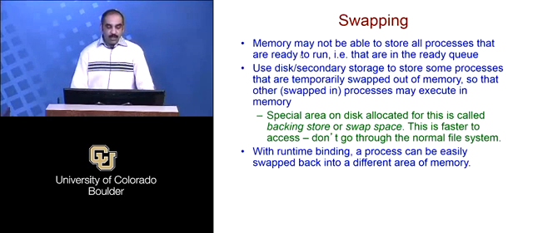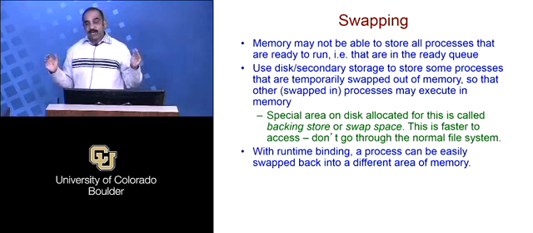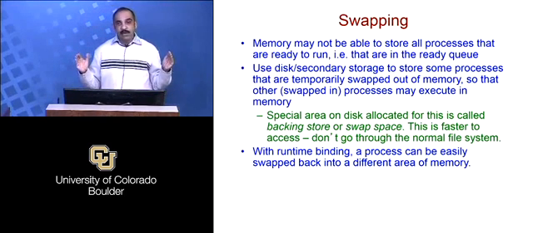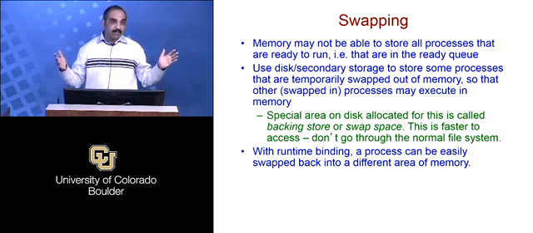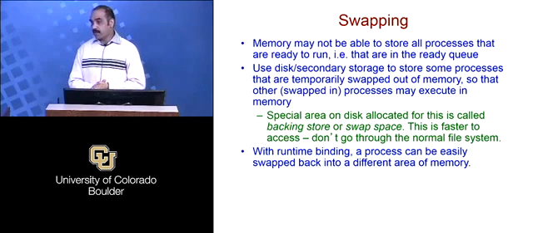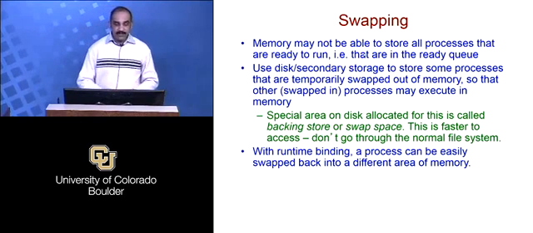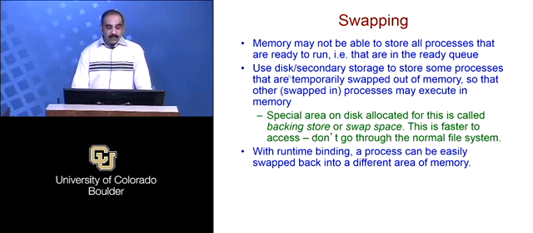Swapping is a situation where you may be running, say, hundreds of different programs at any point in time, and your memory may not be large enough to hold all those 100 programs that you're running at the same time. So memory may not be able to store all processes that are ready to run. So use disk or secondary storage to store some processes that are temporarily swapped out of the memory, so that other processes may execute in memory.